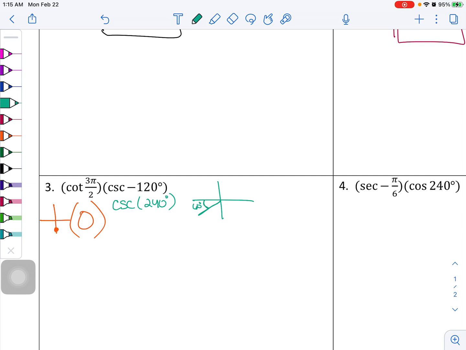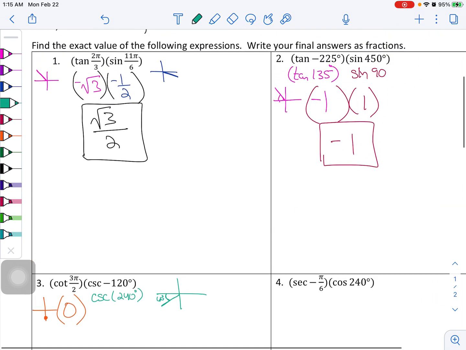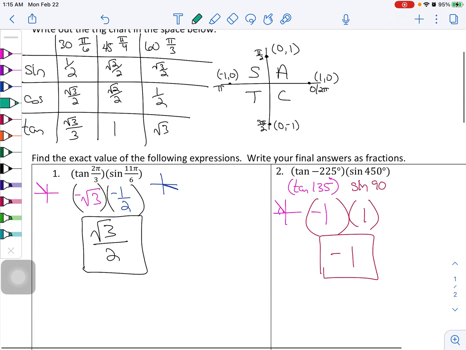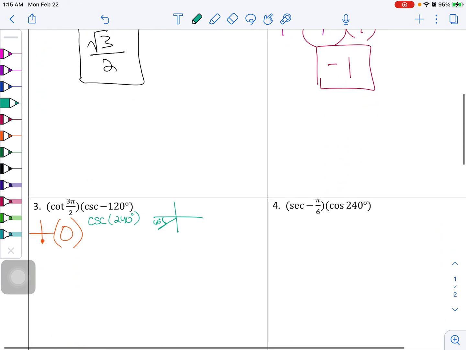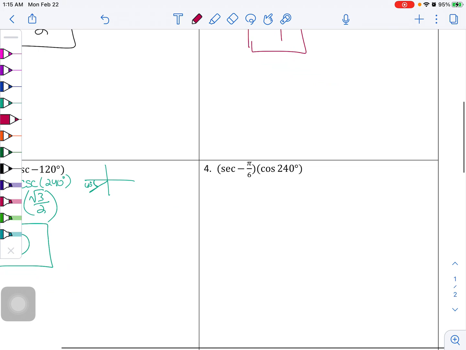That's going to give me a reference angle of 60 degrees. Cosecant is the reciprocal of sine. So 0 times it is 0, which again, I know that's going to happen if you're dealing with a 0, but make sure I can see both pieces because I will be looking for both of them.